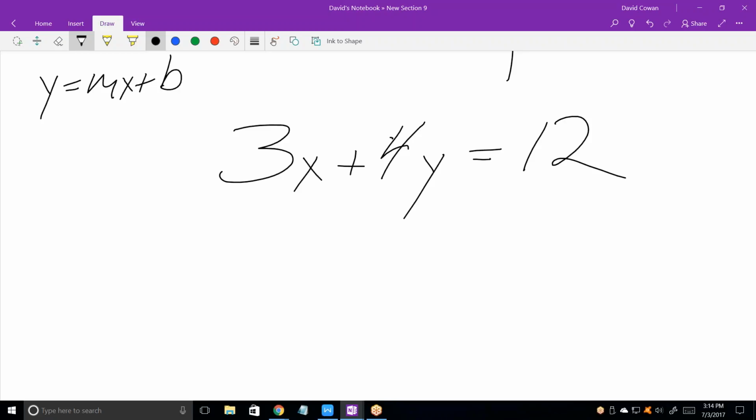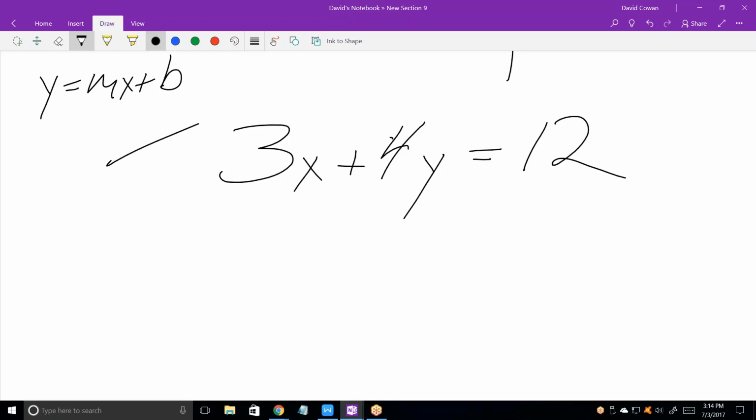Okay, that's the format that we're used to seeing and that allows us to graph it quite easily. With me? Yeah. Okay. When they give you a function in that format, I know it's still linear because I can see there's only a y and there's only an x. There's not a y squared, there's not an x squared, so I know it's still linear.